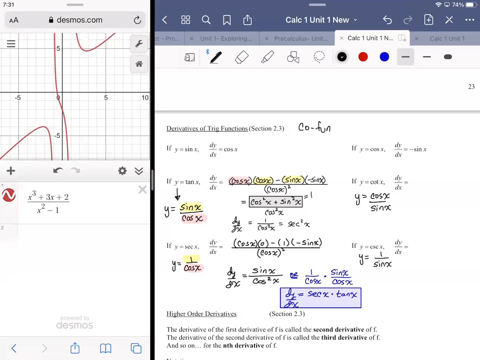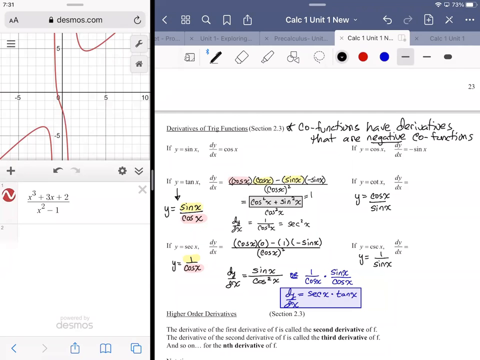Cofunctions have derivatives that are negative cofunctions. All right, it's a nice little nifty rule, provided you know what a cofunction is.